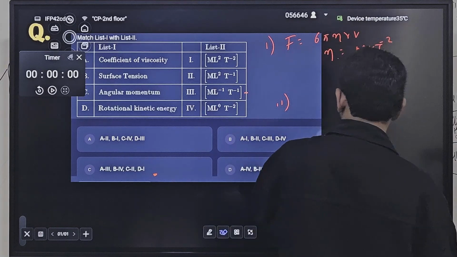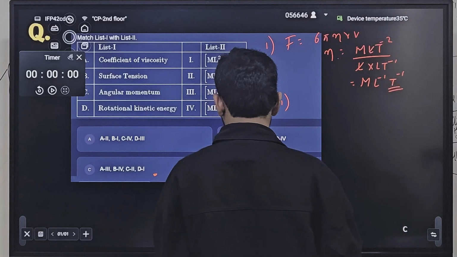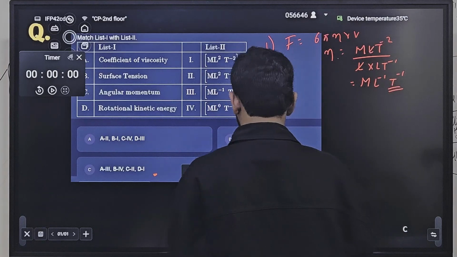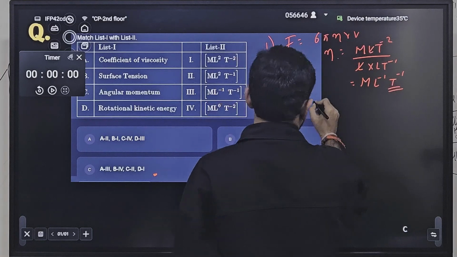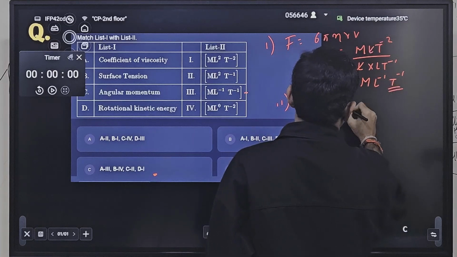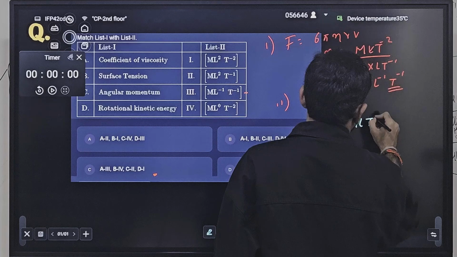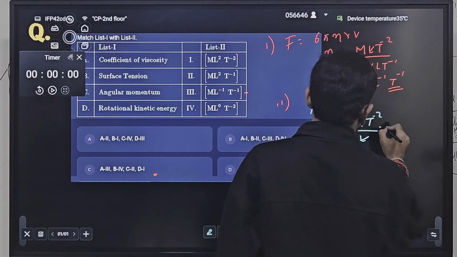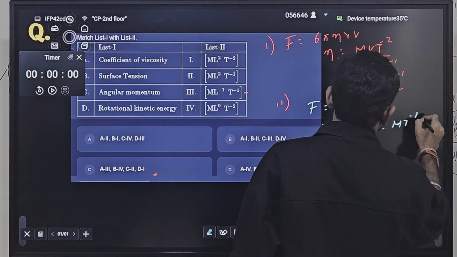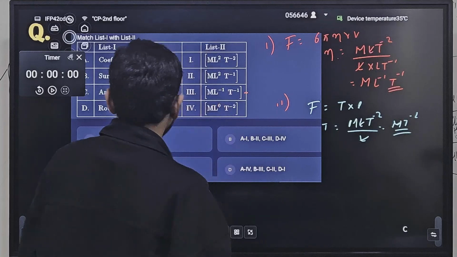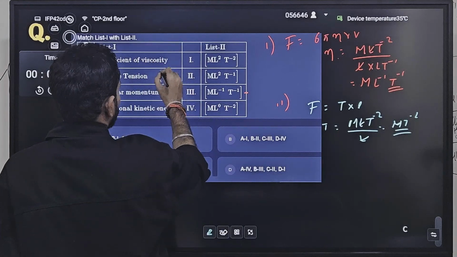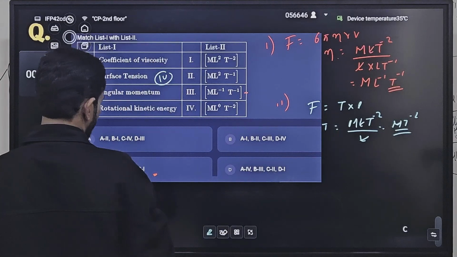Force is equal to surface tension into length. So surface tension can be written as force per unit length. That means the result will be M T minus 2. Surface tension is M T minus 2.